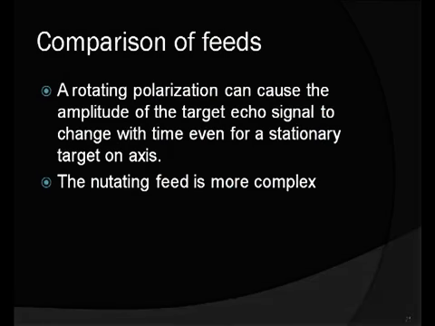You can see in this slide what is the comparison between these two types. A rotating polarization can cause amplitude of the target echo signal to change with time, even for a stationary target on axis.